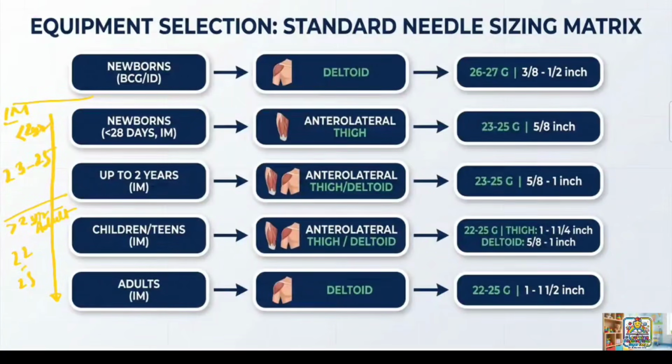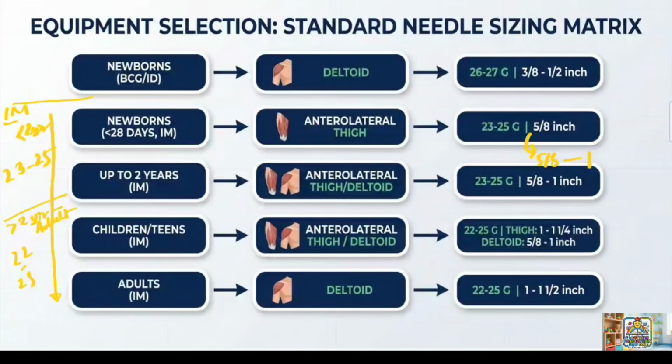What about the length of the needle? In the newborn, we use the anterolateral thigh, so the length is 5/8 inch. Up to 2 years, where the anterolateral thigh and deltoid are used, the range increases from 5/8 to 1 inch.